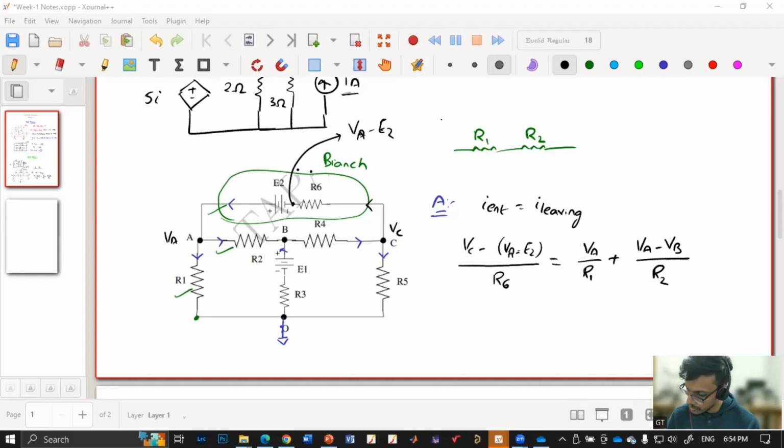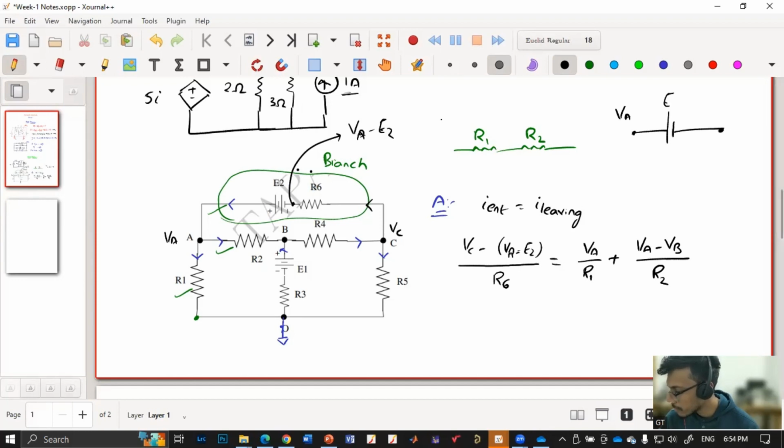So if this is my VA, and this is my other terminal, and this is E2 plus minus. So plus will be at a higher potential. So whatever this VA is at, it is at a higher potential compared to this terminal.